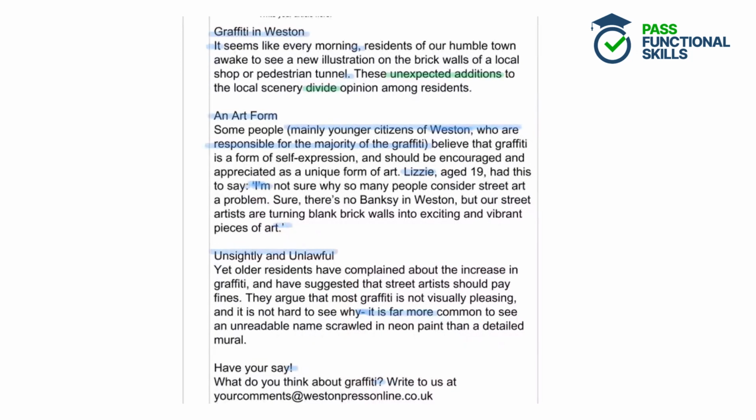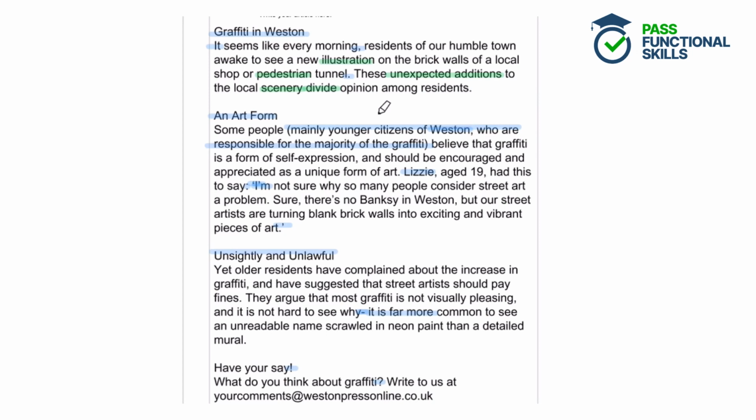We also have correct spelling throughout the answer, including some more difficult to spell words. So for example, we have illustration, we've got pedestrian, and we have scenery. So try to include some longer, more tricky words to spell in your answer, but don't worry if you aren't sure with your spelling.